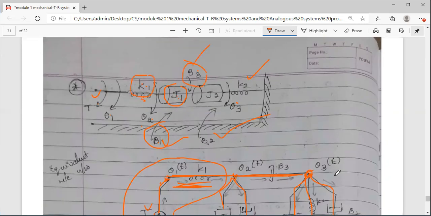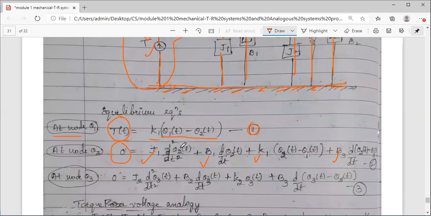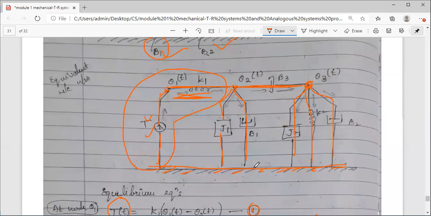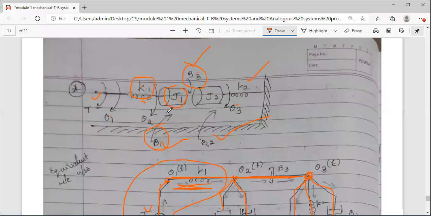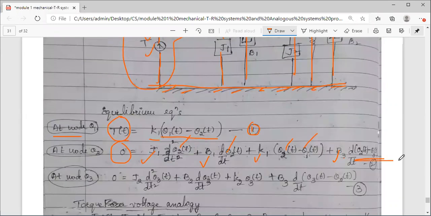Yes, it is B3. For these two you will get the shared elements. So I have written the equation for theta 2: theta 2 minus theta 1 for the shared K1. And B3, observe, B3 is between theta 2 and theta 3. Hope it is visible to you.